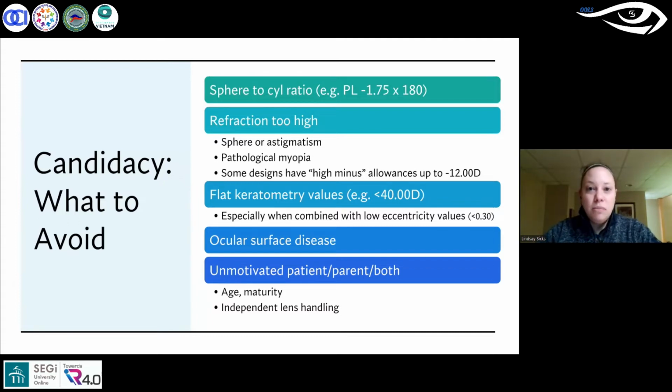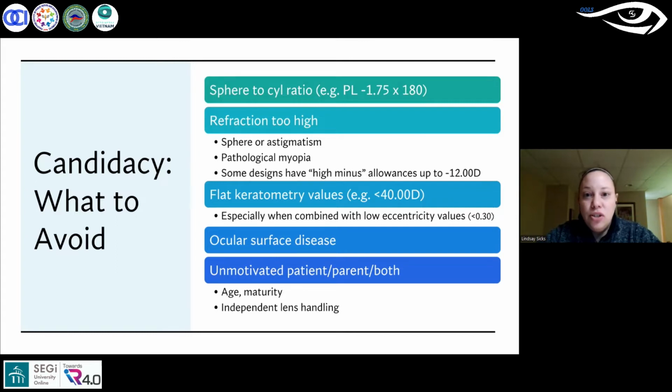And these can be just more challenging to fit. It's not to say that you can't, but we may have some issues with lens centration depending on their cornea. We may have some issues with visual outcome. So just keep that in mind. You'd rather have a more even sphere to cylinder ratio or no cylinder at all.